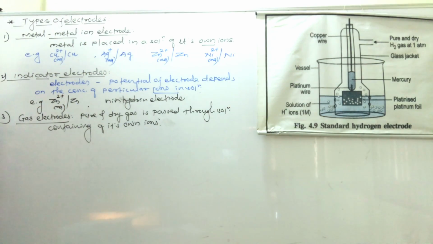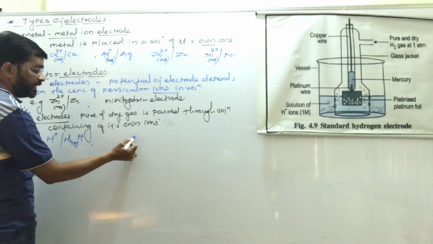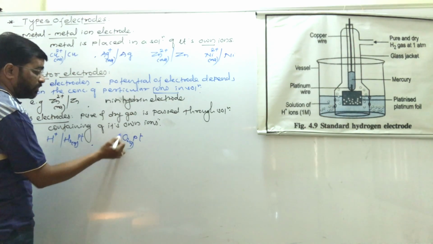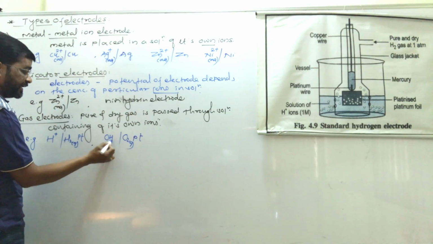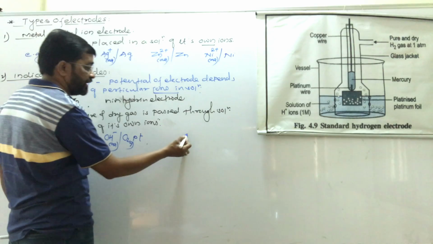And see examples of gas electrodes. Hydrogen gas is bubbled around the platinized platinum foil in a solution containing H plus ions. As well, here we take platinum, oxygen gas is bubbled, and the solution contains OH minus ions, that is the oxygen gas electrode.